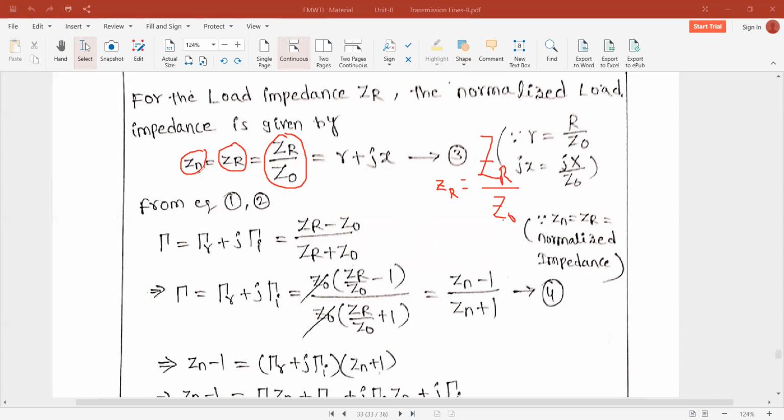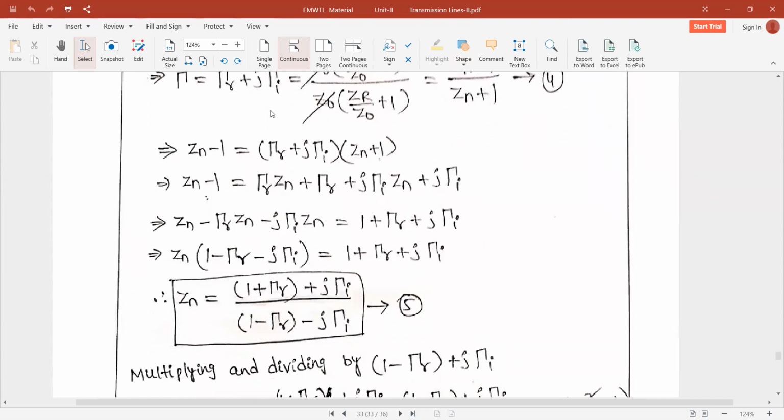You can write this as Zn, okay, for our convenience. Got it, my dear students? So Zn minus 1 by Zn plus 1 is equal to the real part of the reflection coefficient and the imaginary part of the reflection coefficient. Got it?